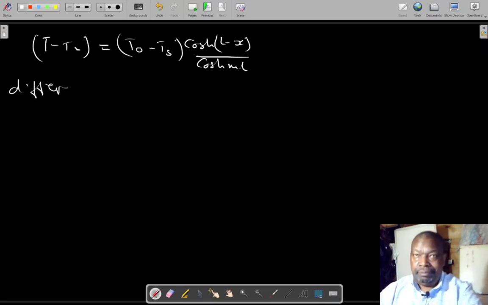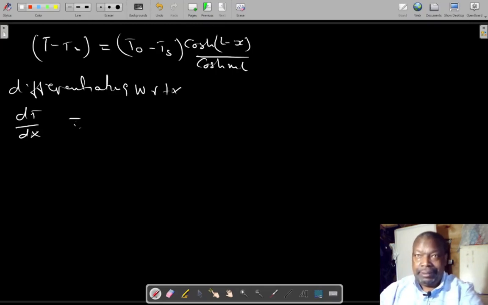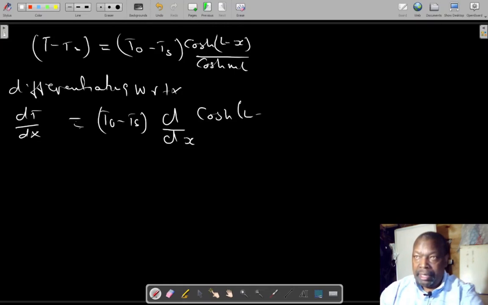Differentiating, you get dT with respect to x. dT by dx is equal to (T naught minus Ts), which is a constant, times d/dx of cos hyperbolic (L minus x) divided by cos hyperbolic mL.